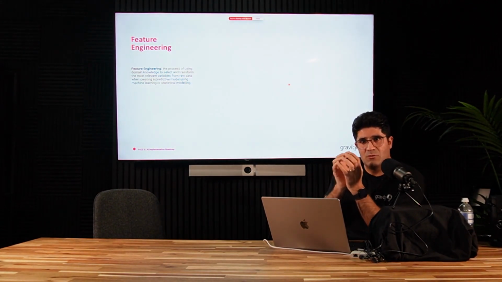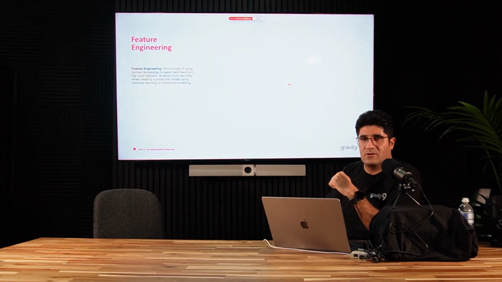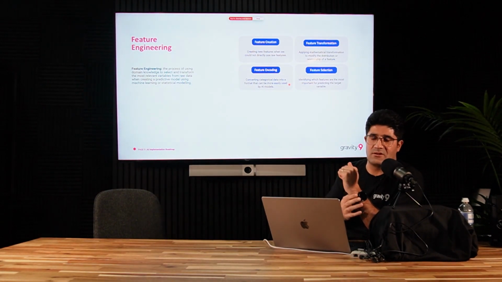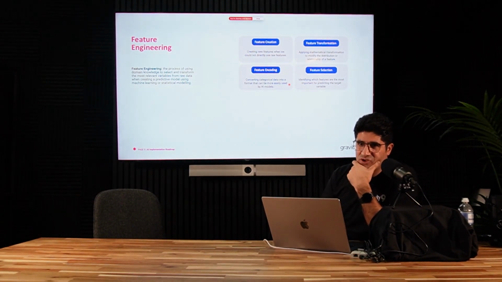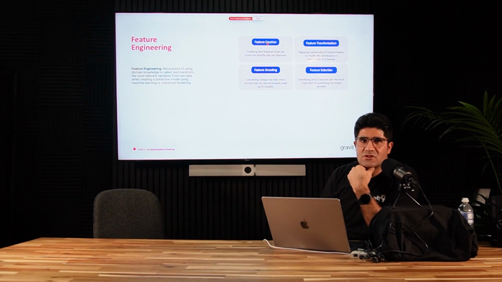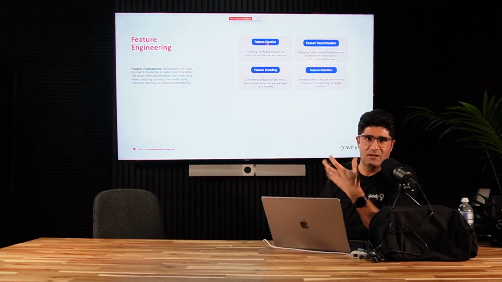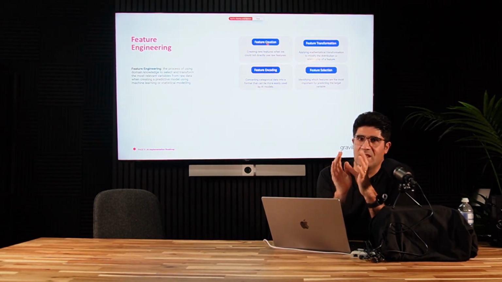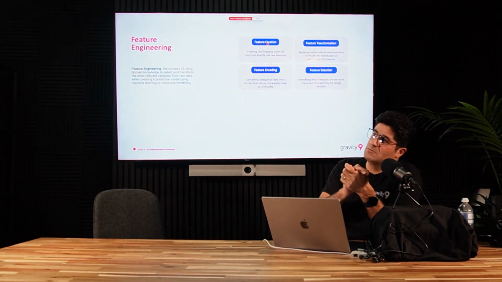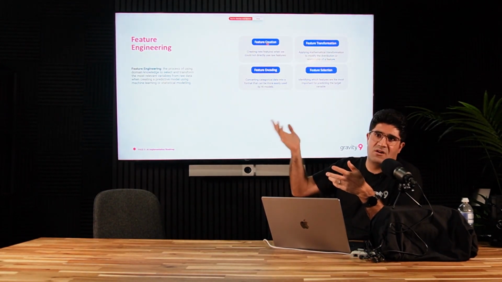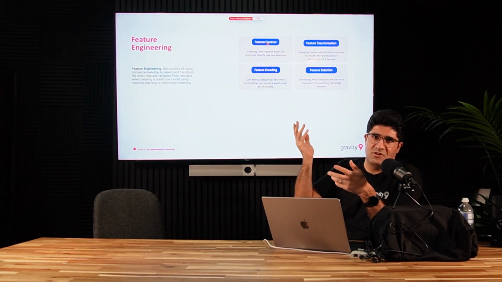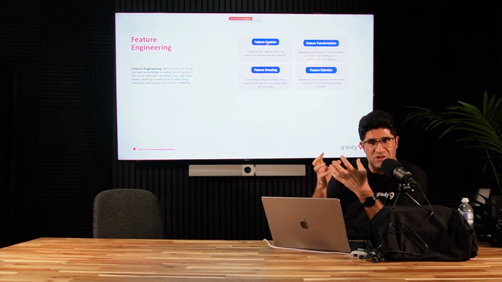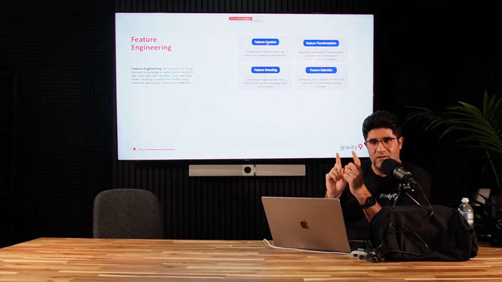So in fact, we want to prepare our data, and it can be in different styles. For example, during feature engineering, we try to generate new features. Let me give you an example. In your data set, you might have a date, say the 21st of March, 2023. But how can we extract more information from this piece?